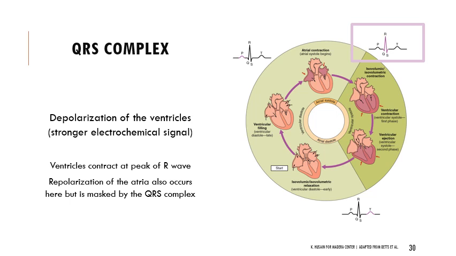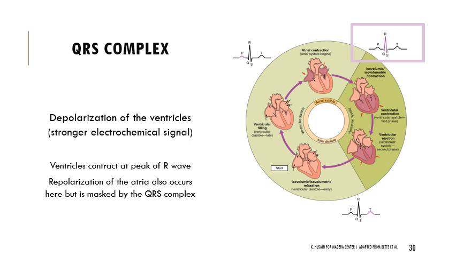Then we have the QRS complex, so that Q dip, the R peak, and the S dip. That represents depolarization of the ventricles. It goes up much higher because there's a stronger electrochemical signal there. The ventricles are actually contracting at that peak of the R wave, and we have repolarization of the atria occurring here as well.